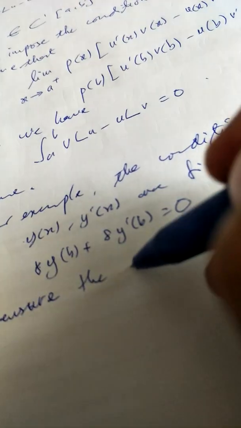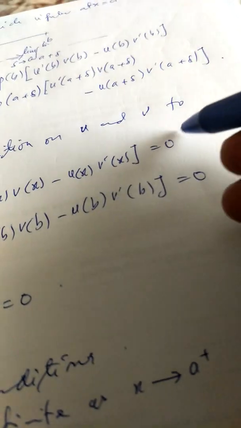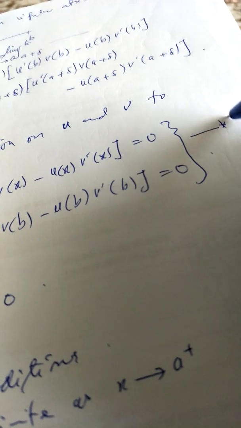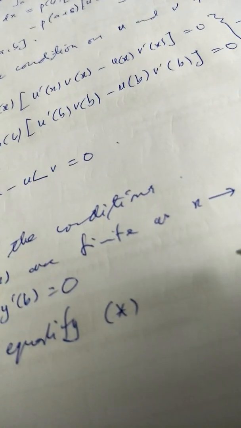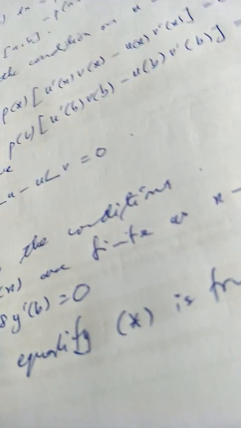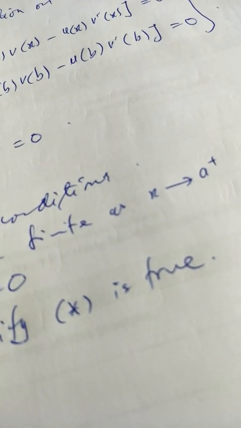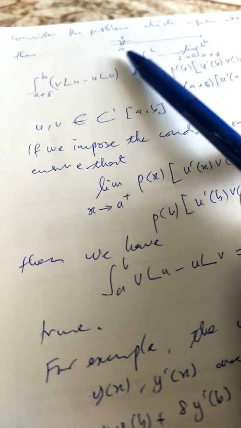So this boundary condition will ensure the equality. Let me call this equality star. So this ensures the equality star is satisfied, or is true. Okay, this is for the case where the singular point is at point a.